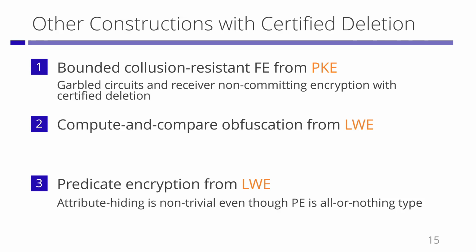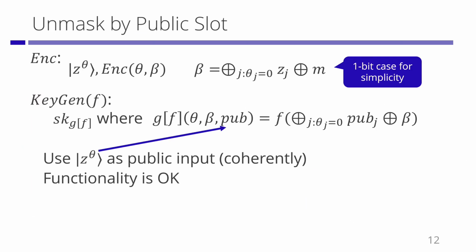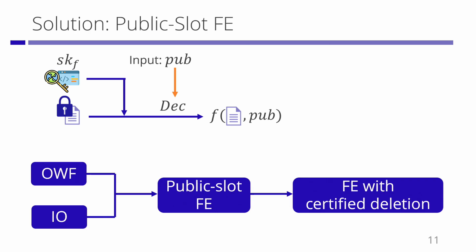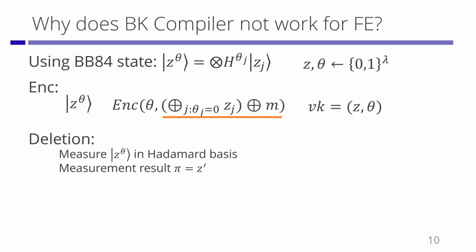Okay, so the BB84 state is a very basic tool in quantum cryptography. There were a computational basis part and a Hadamard basis part.